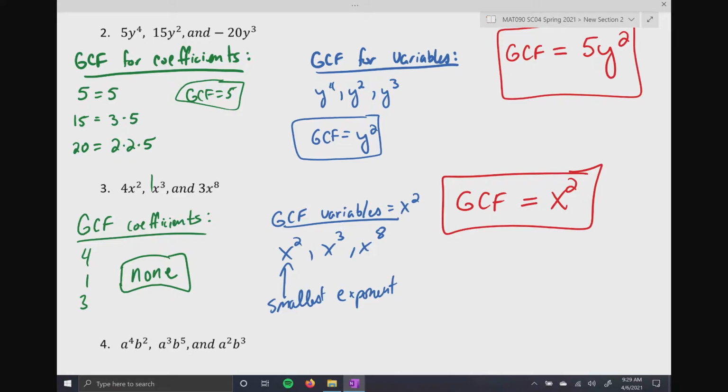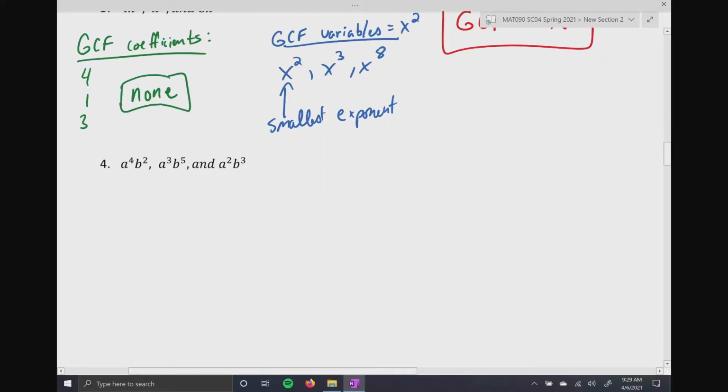All right, let's do the last one. Notice here, there are no coefficients. Well, there is a coefficient, but it's all the same number. It's a number 1. So, numerical coefficient GCF, there isn't one. So now I'm just going to focus on the variables.